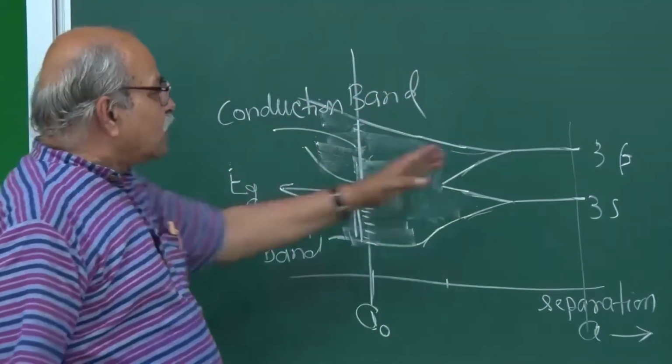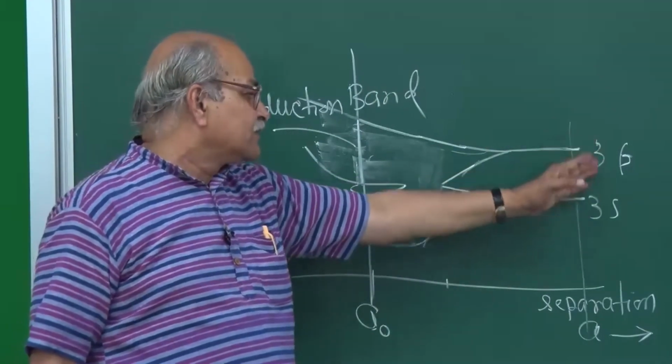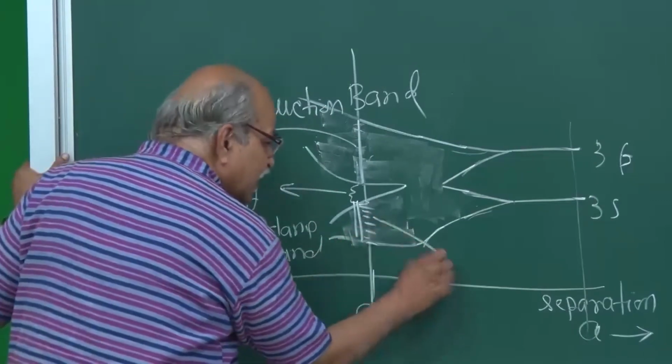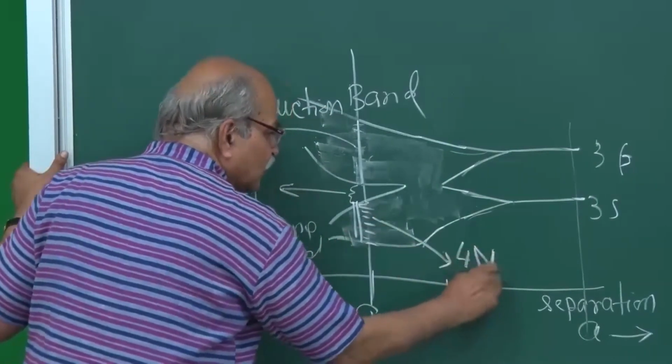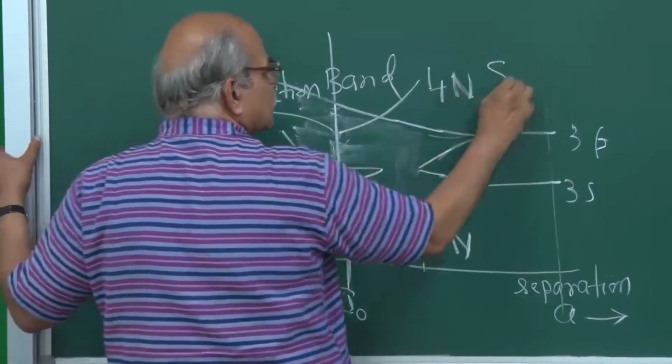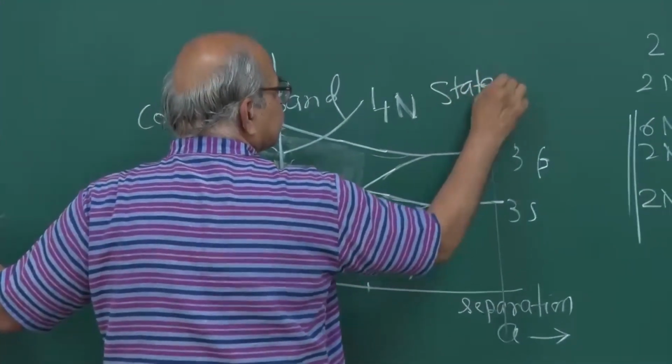And remember, the total are 8n states, and here also the total is 8n states. In the valence band you have 4n states, and in this conduction band also you have 4n states. These are states, quantum states, not the electrons.